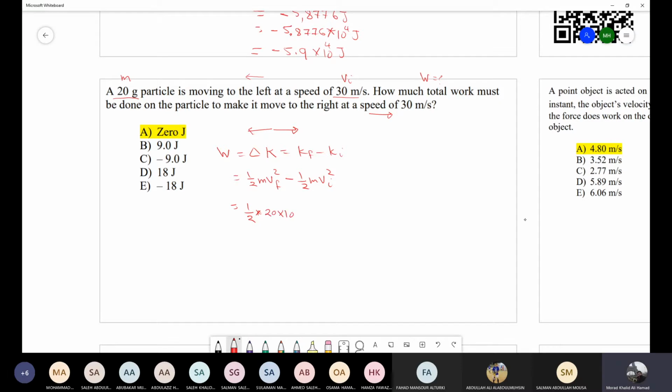Just multiply by 10 to the minus 3. Then times V final, which is 30 to the right, which is positive, squared, minus half times 20 times 10 to the minus 3, times minus 30, this one because it's to the left, the initial, squared. And by squaring 30, the negative will be eliminated, so we get 0. Clear, guys?